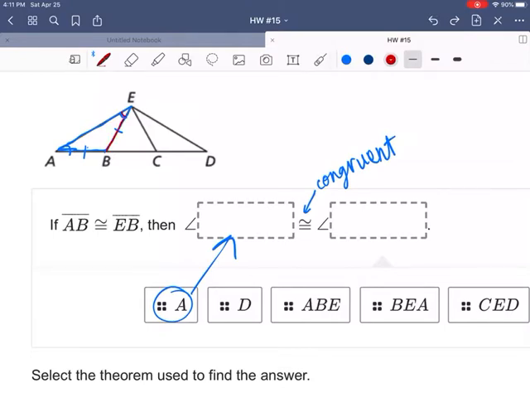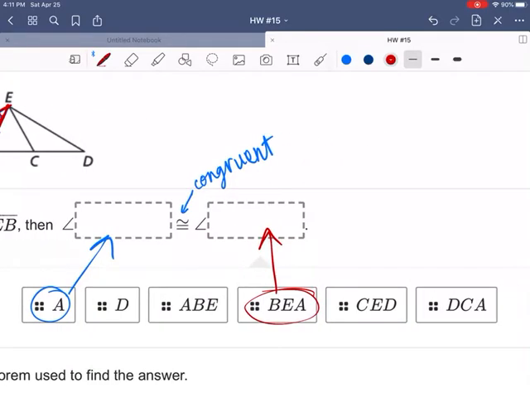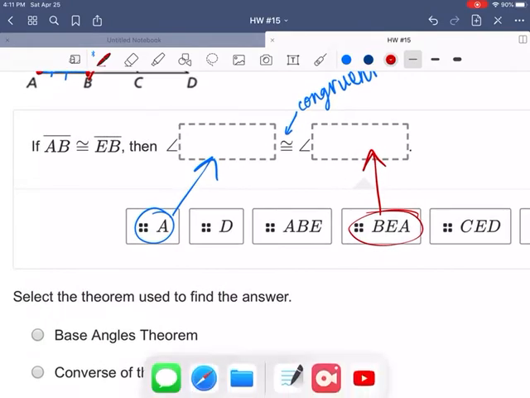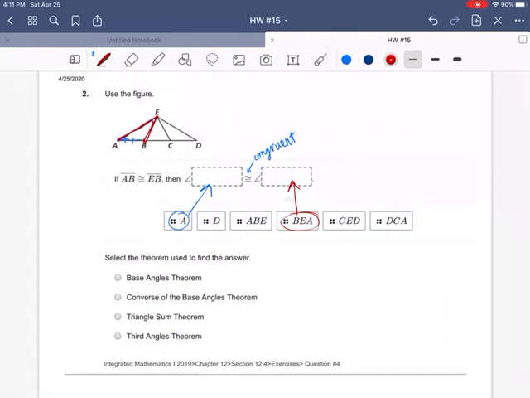If I trace this angle, I hit angle B to E to A. So there it is. It also could be AEB, but that's not an option there. And same thing on this one, we use the base angle theorem.